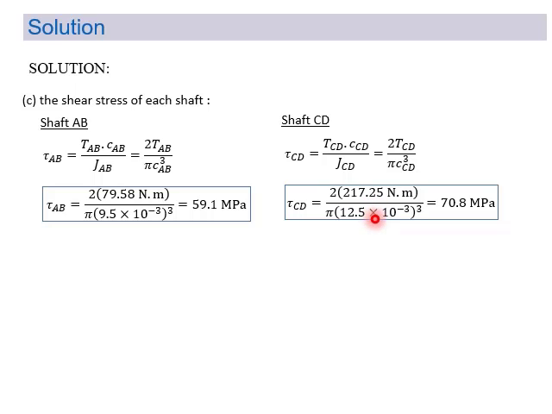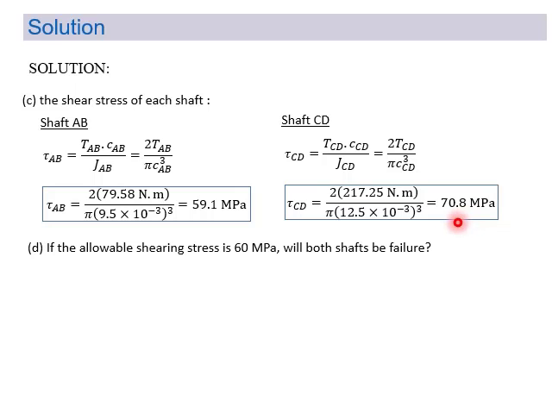The diameter of shaft CD was 25 millimeter, therefore the radius is 12.5 millimeter. Then you get the shearing stress of shaft CD is 70.8 megapascal.